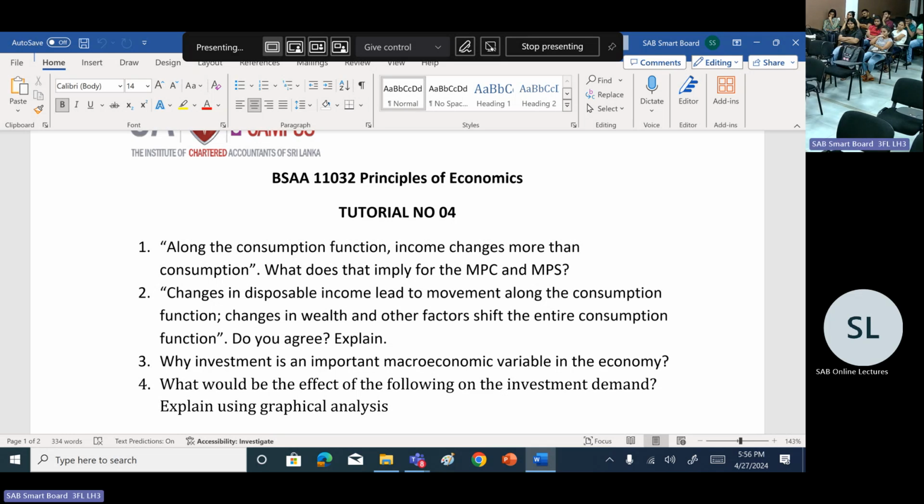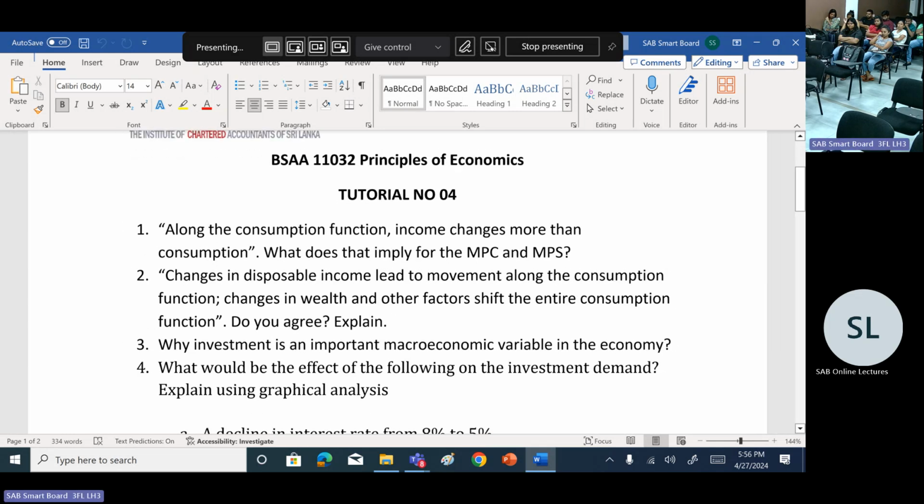Now, this second one: changes in disposable income lead to movement along the consumption function. Do you agree or not? Consumption depends on the income, with the other factors remaining constant.